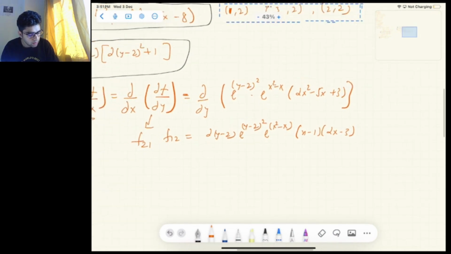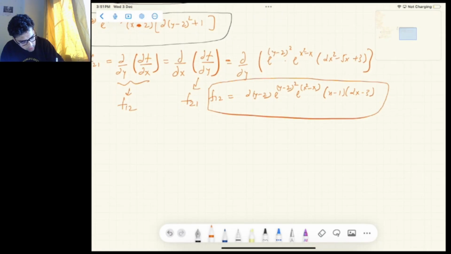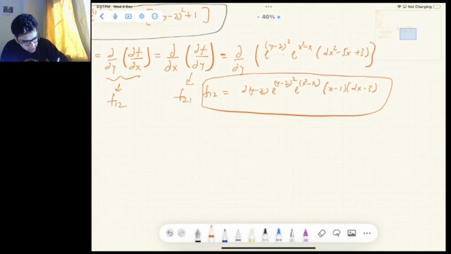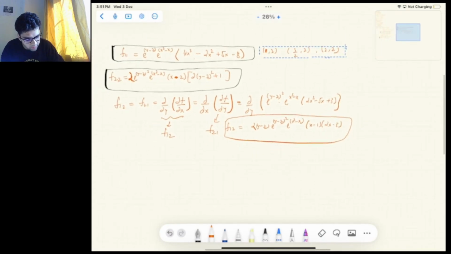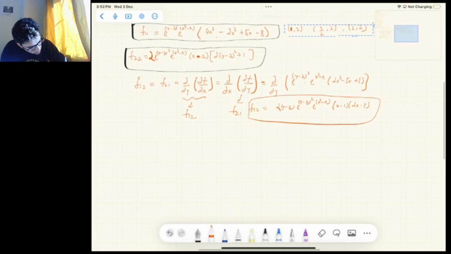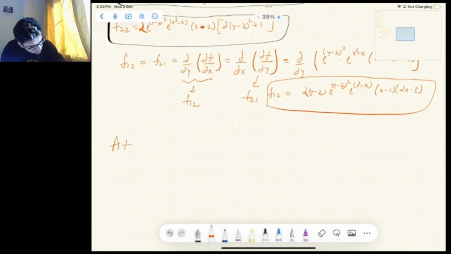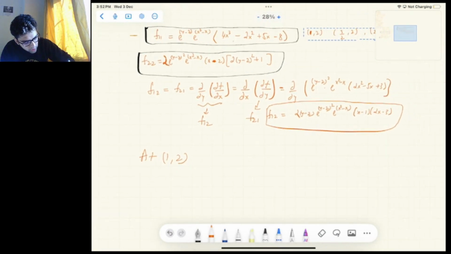Now I need to find the values of all of these expressions at my stationary points. So my stationary points are 1 comma 2. The first stationary point is 1 comma 2. So at 1 comma 2, if I just substitute 1 comma 2 in f11, for that I need to write this expression again.